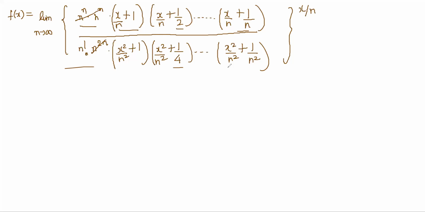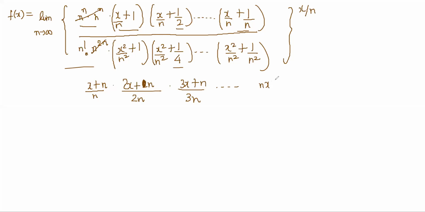Okay. It's not working out right now. 4x square, you can do. Okay, wait. Let me try it still. x plus n by n, x plus 2n, 2x plus n by 2n, and 3x plus n by 3n, and so on.